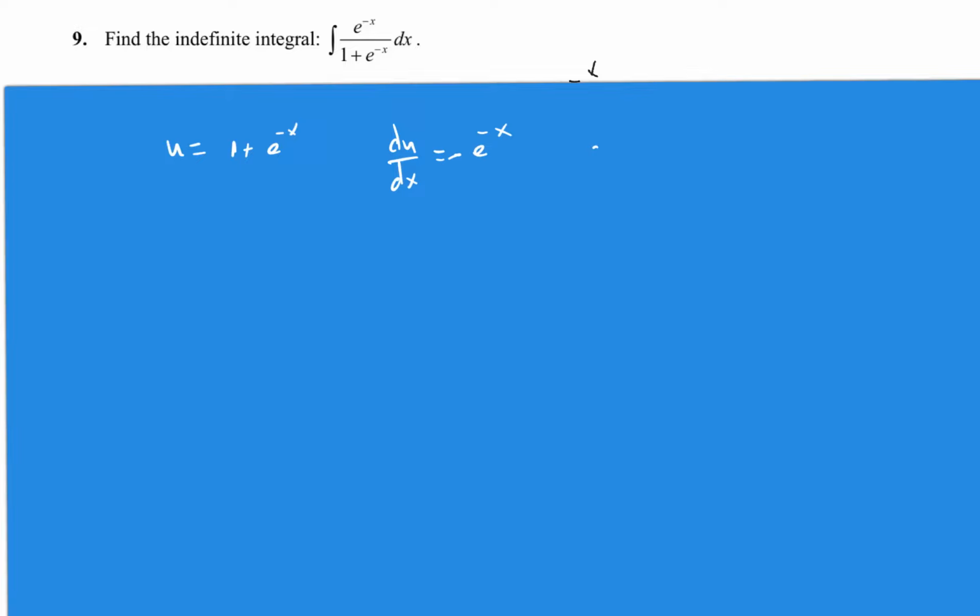So du will be minus e to the minus x dx. But e to the minus x dx is here.